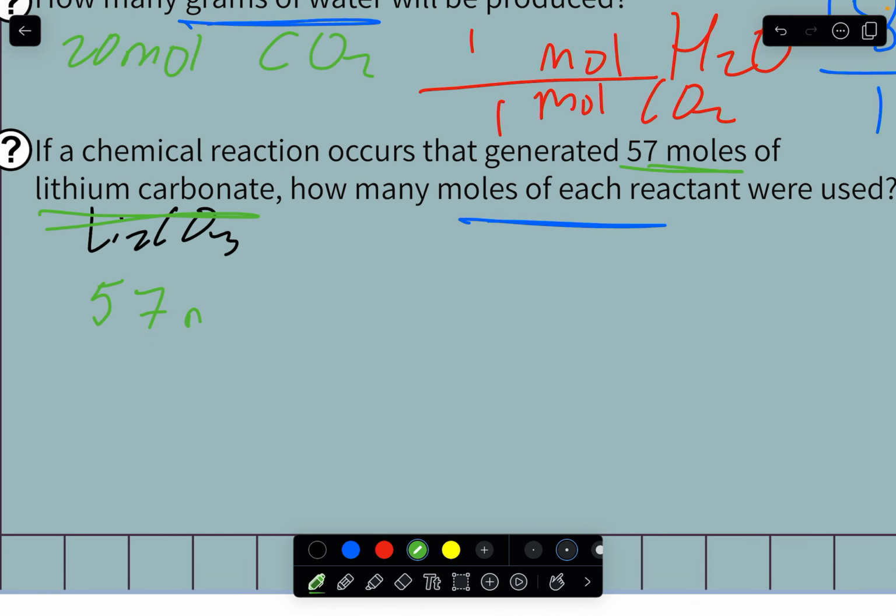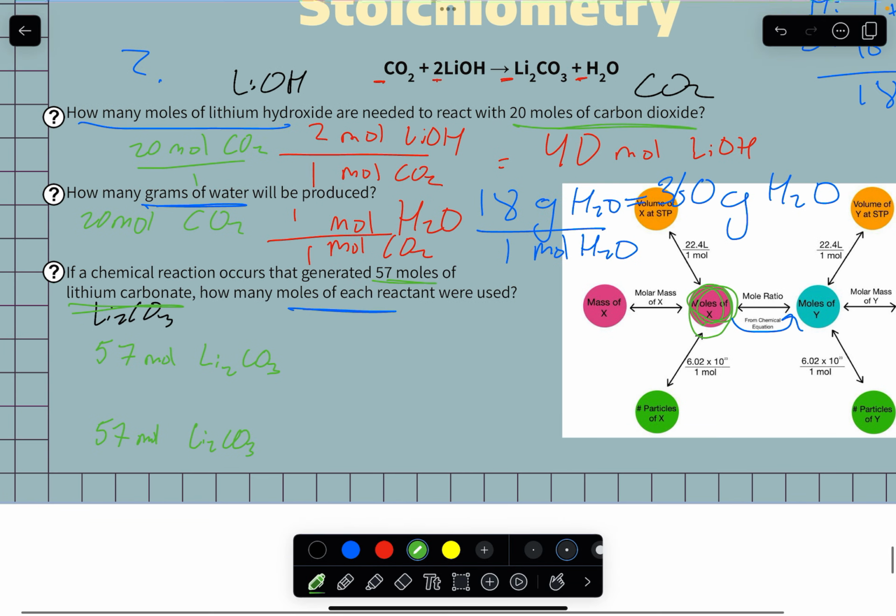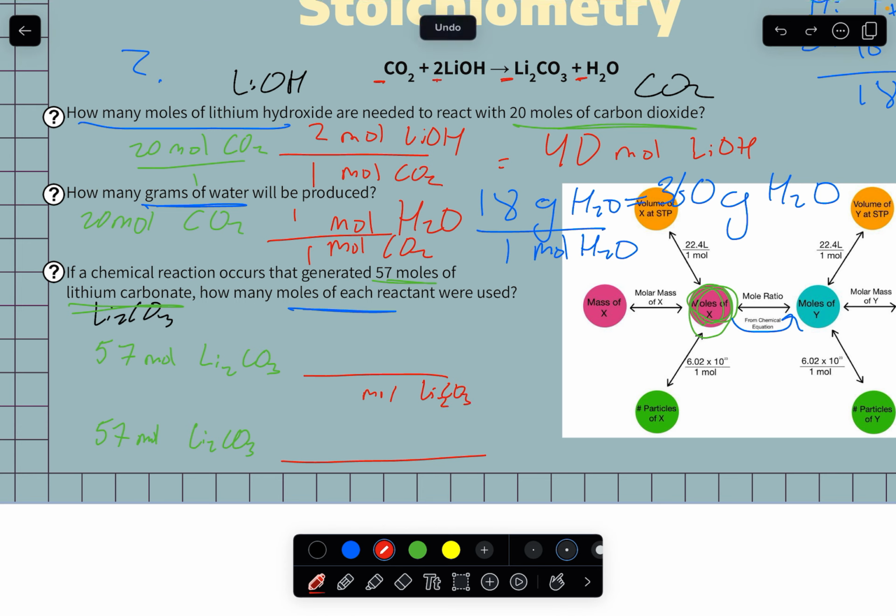We have 57 moles lithium carbonate. Okay. For the first one, we're going to our first reactant, let's say CO2. So we're going from moles of lithium carbonate to moles of CO2, and that is a 1-to-1 ratio.